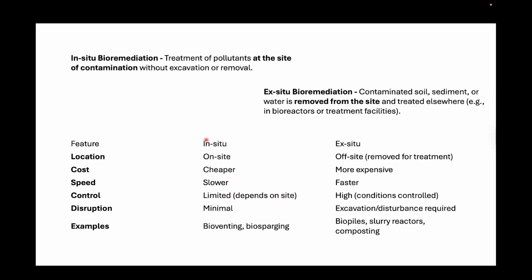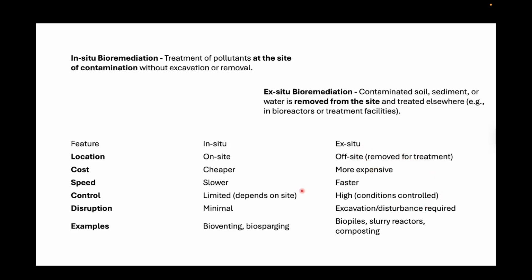The control over in situ bioremediation is limited because it is site dependent, while for ex situ it is higher control because the conditions are laboratory controlled or reactor controlled. Minimal disruption to the native environment in situ, while excavation disturbance is required for ex situ.